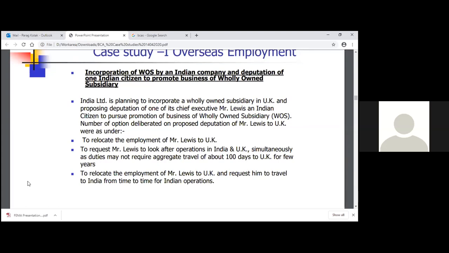So Mr. Lewis has approached the BCA study circle to understand how he can consider this opportunity of migration to the UK under the provisions of the FEMA as well as the provisions of the tax law.